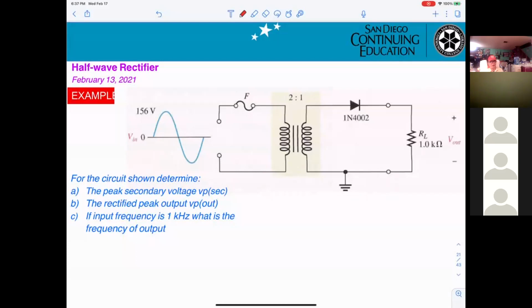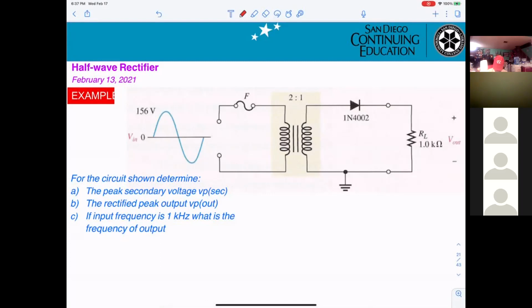Now for this circuitry, you get a transformer. Can you calculate for me the secondary voltage, VP for the secondary? 78 volts. 156 divided by 2. Exactly, that is 78.